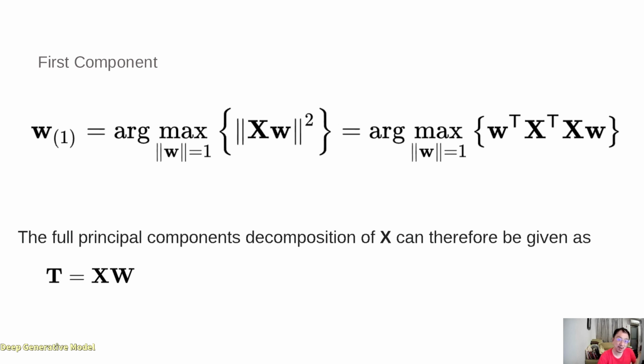Which we call the principal component decomposition. When we consider compression or dimensional reduction, then obviously we should keep the important ones and discard the less important ones.